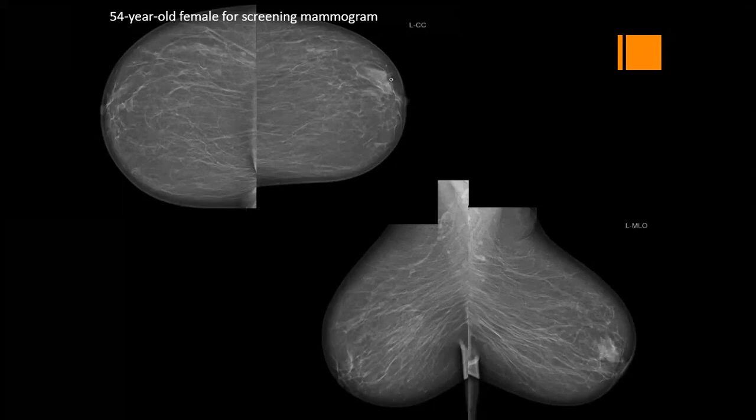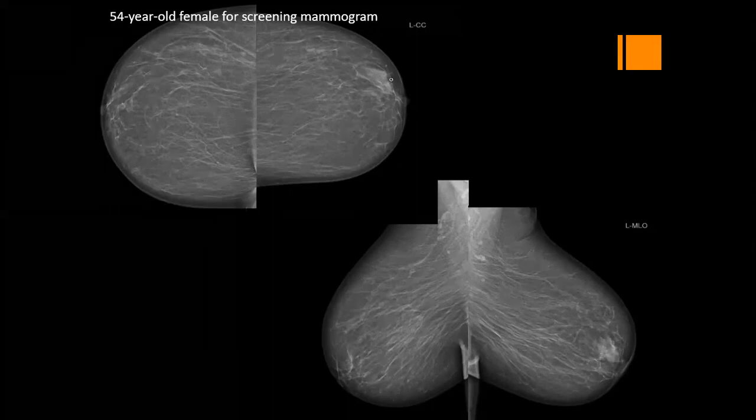This is craniocaudal and mediolateral oblique views of both breasts, showing an area of focal asymmetry at the upper outer quadrant of the left breast. Upper outer quadrant. Retroareolar, excellent, or anterior third.